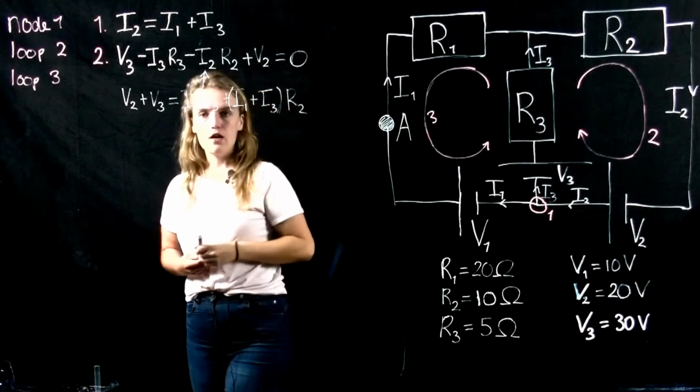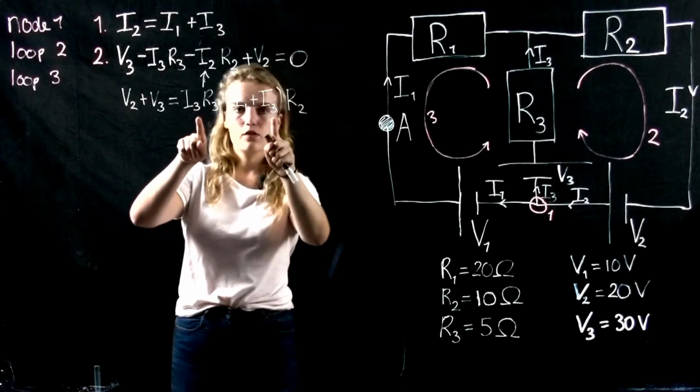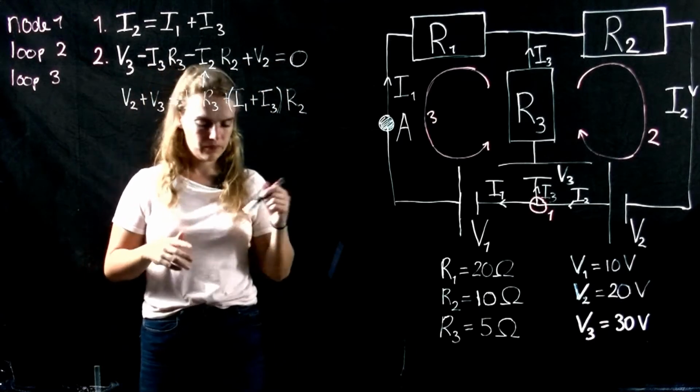Now, what I would like to get out of this is an equation for I3. So let me get these I3s to one side again, and then move this I1 to the same side as the voltages.